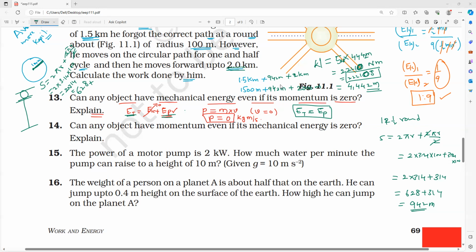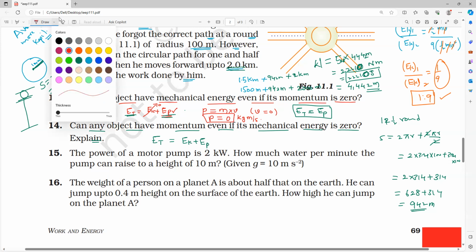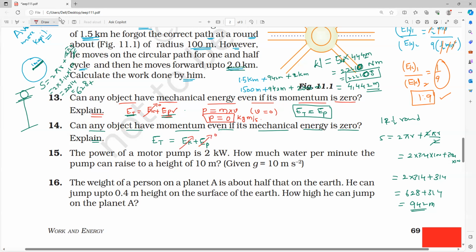Now, the next question is also important. Can any object have momentum even if its mechanical energy is 0? So mechanical energy is 0 means what, guys? Both kinetic energy plus potential energy become what?